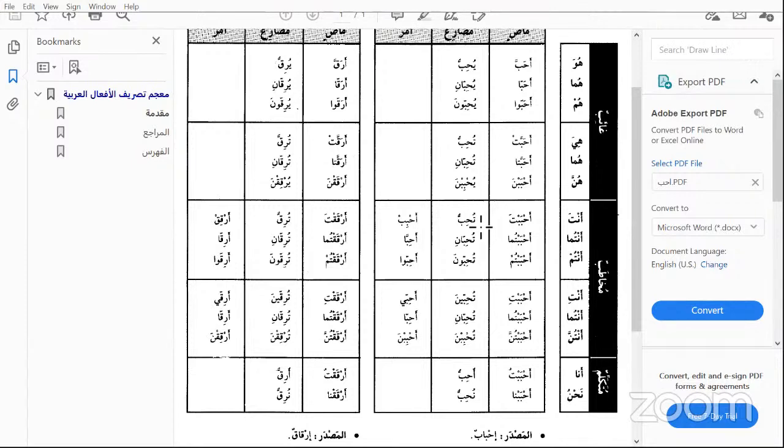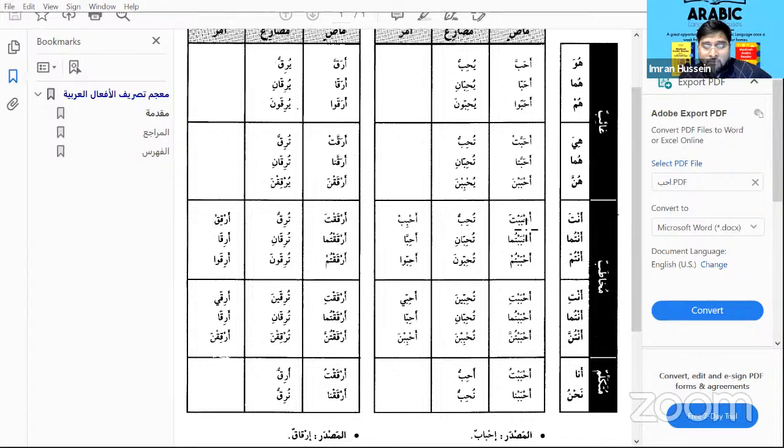So remove the ta. As you know, this is a four-letter verb. We bring the hamzatul qat back in the imperative, and the last letter becomes ahibbu. But the last harakat, which is a dhamma, when you make the imperative and the last letter has a shadda, the dhamma changes to a fatha and it becomes ahibba.